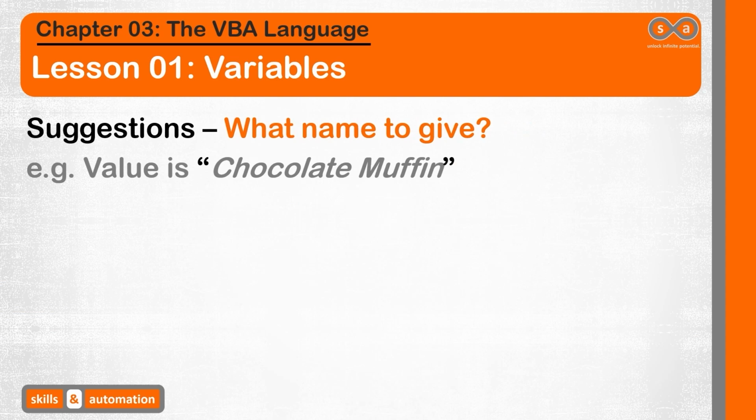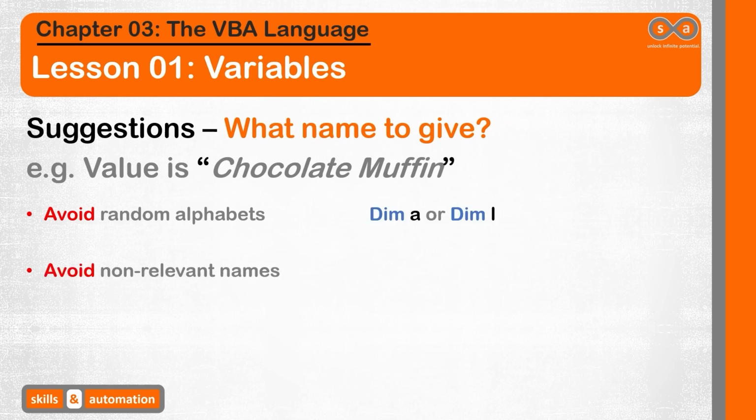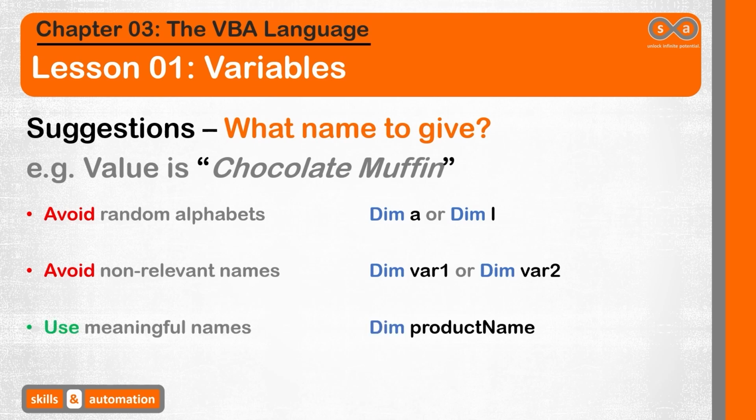Besides these mandatory rules, there are some suggestions. Try and assign meaningful names. So instead of using alphabets such as A or L or non-relevant names such as var1, var2, use a more relevant name such as product name, as it tells us, the developer, what information is stored in the variable.